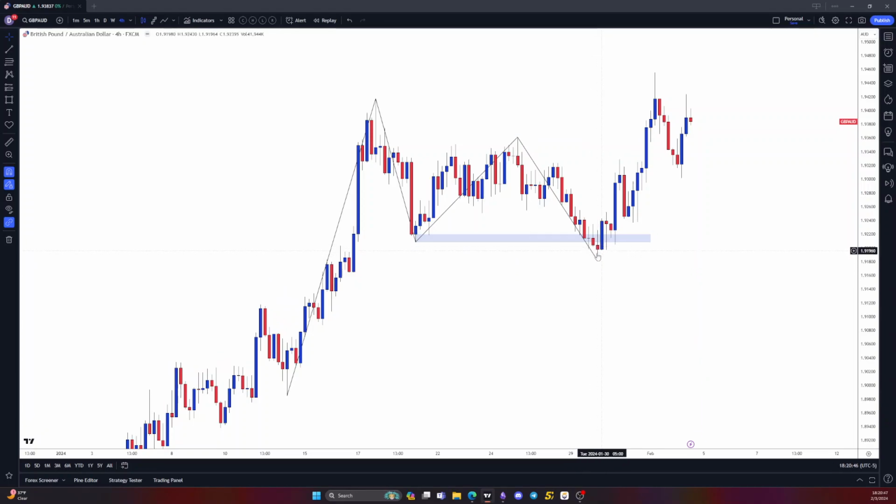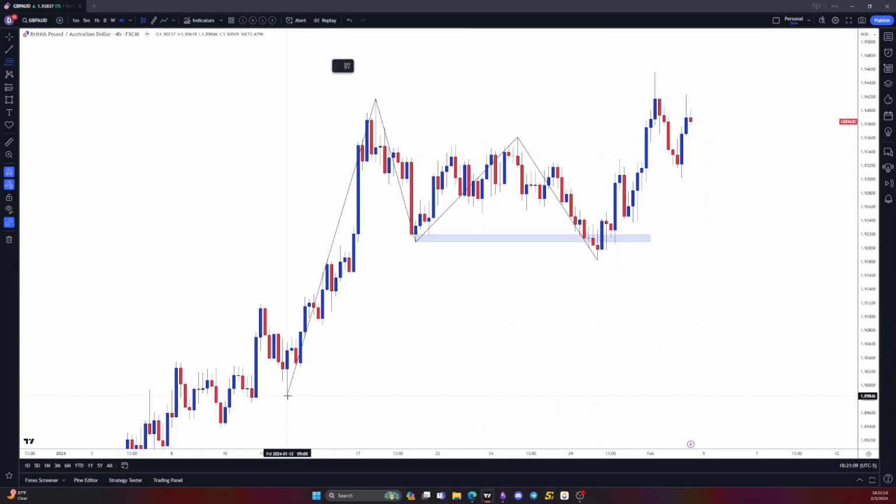We can enter off that doji formation, set our stop just beneath that low, and look for targets at this high. Later I'll talk about why it's beneficial to set the target at the high, and also why setting the stop beneath this low instead of beneath the Fibonacci level.